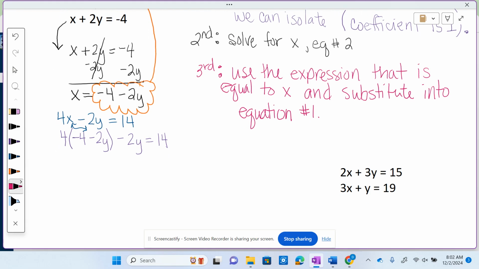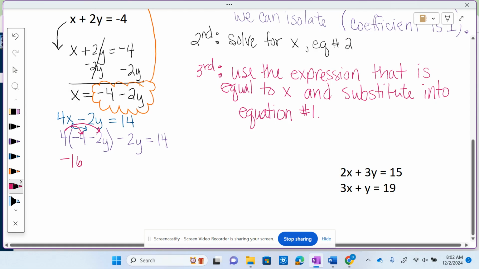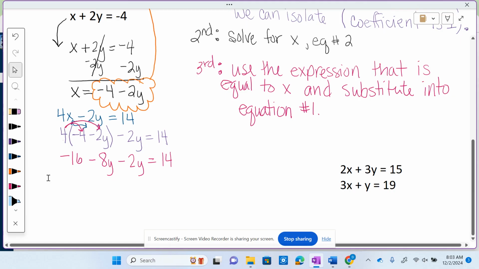So now what am I going to do? How do I get rid of this parenthesis? What operation is this? I have to distribute. 4 times negative 4 is negative 16. 4 times negative 2 is negative 8y minus 2y equals 14. So it looks like I've only got the variable y to solve for.